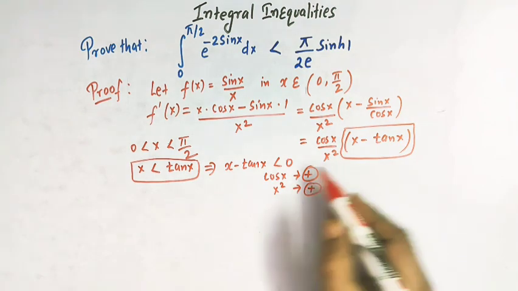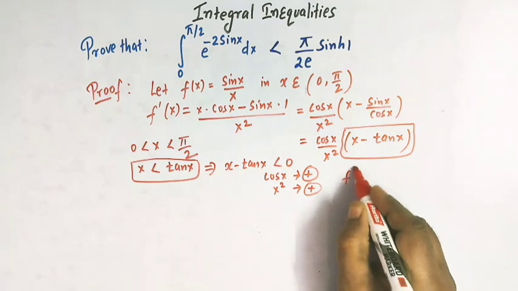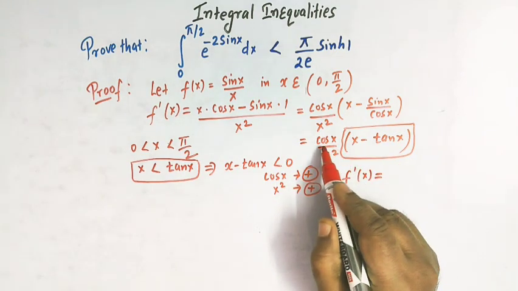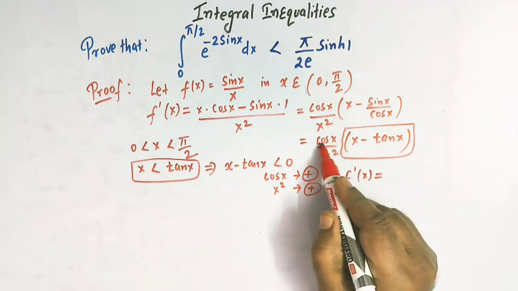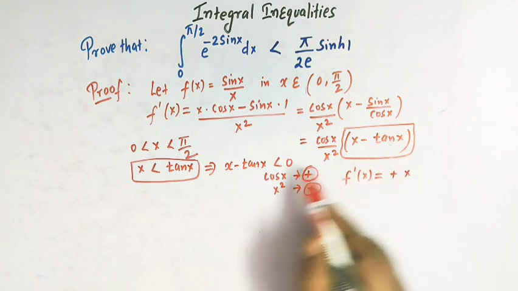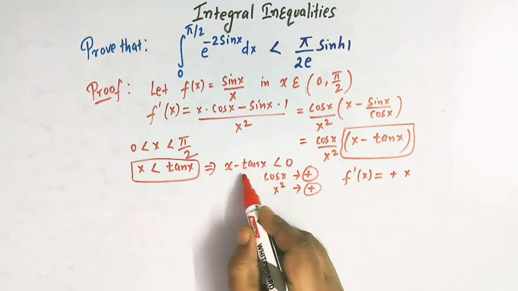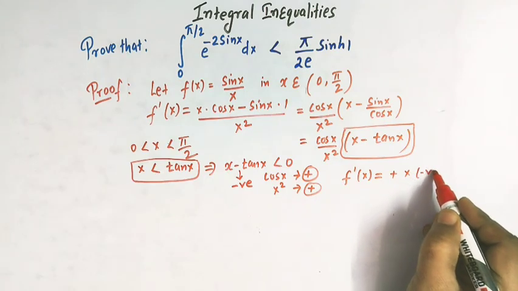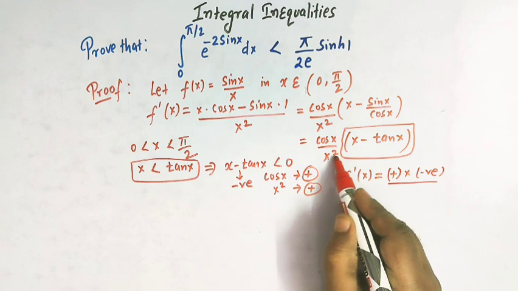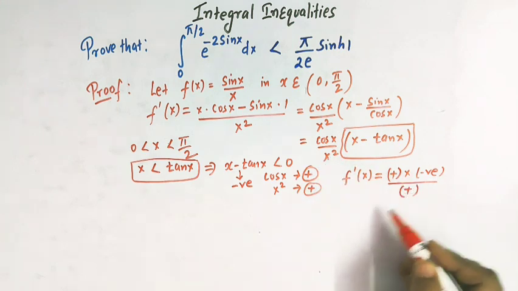So in terms of sign, f prime of x has cos x positive, x minus tan x negative, and x square positive.